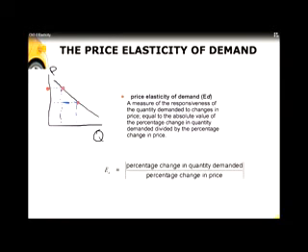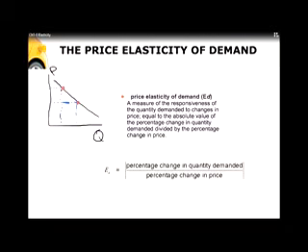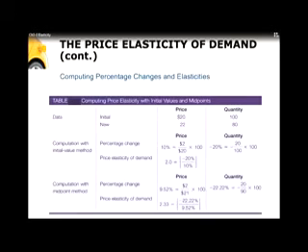And the percentage change in the price and the percentage change in the quantity are the two numbers that go into the price elasticity of demand equation, and we're going to take the absolute value of it to get the measure of price elasticity. Now let's see what we do with that.